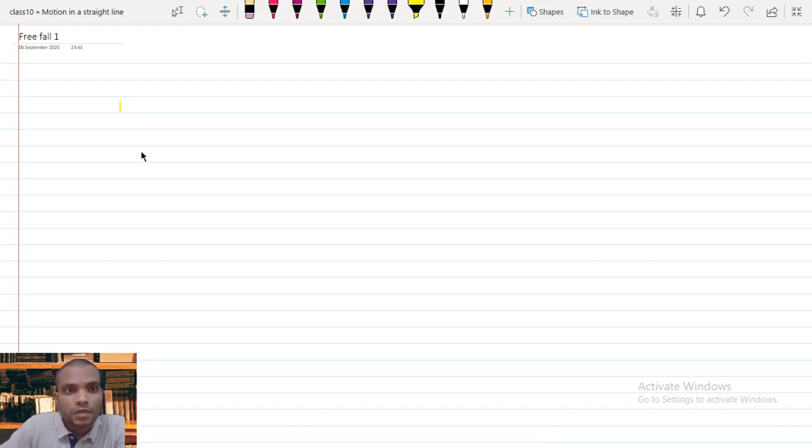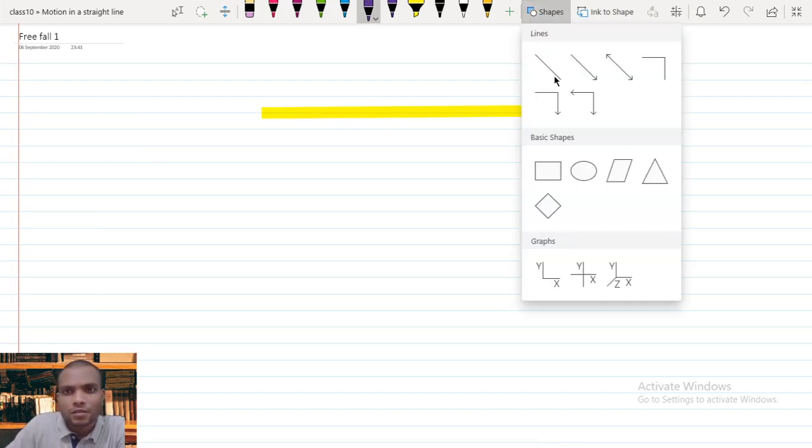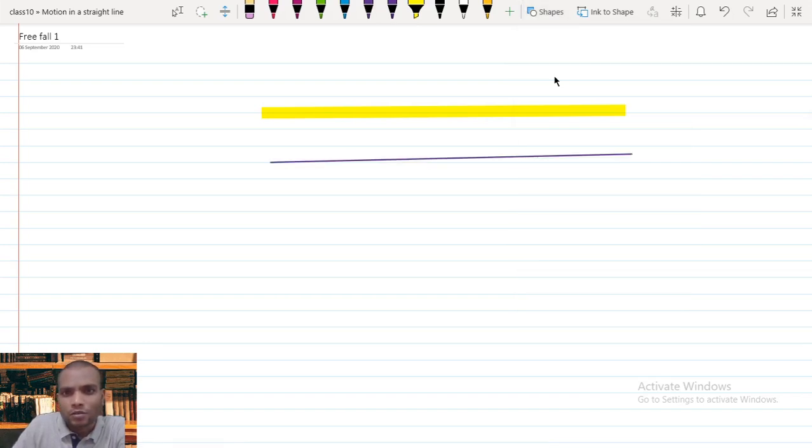So far in this chapter I covered motion in one dimension. We mostly talked about an object moving in a straight line. So if this is an object which is moving in a straight line, we talked about that a lot.